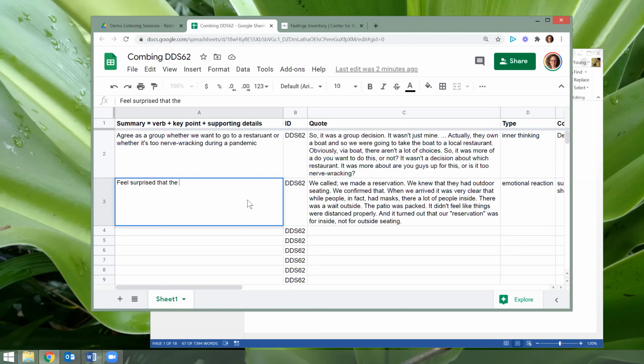the patio was packed and things weren't distanced properly.